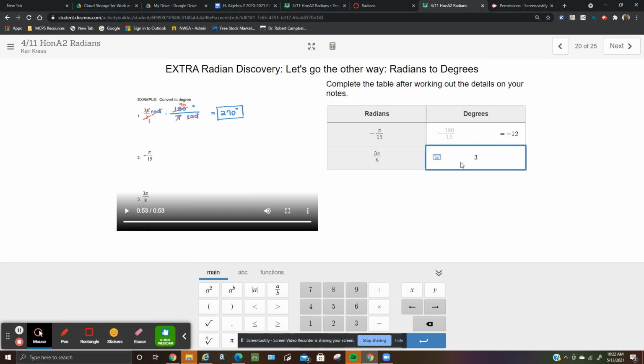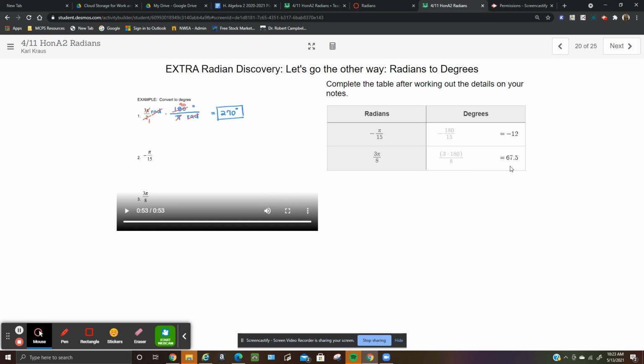Let's see. Put this in parentheses here. 3 times 180, divided by 8. And then just hit enter. 67.5 degrees.